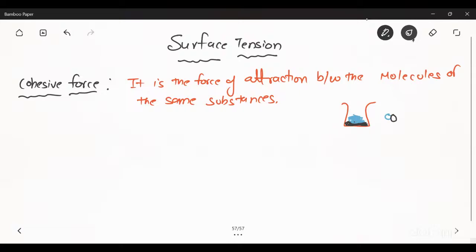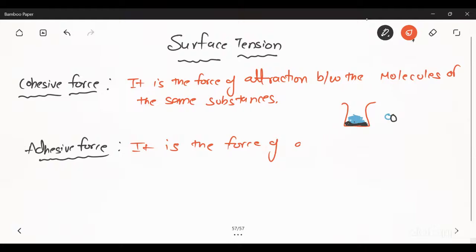Next is adhesive force. Adhesive force means it is the force of attraction between the molecules of different substances.